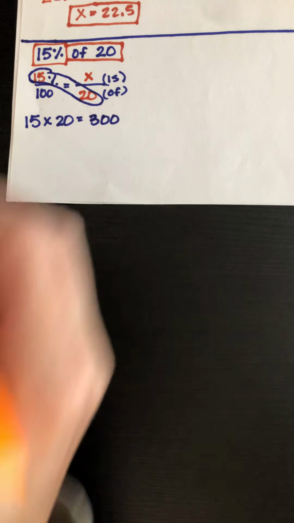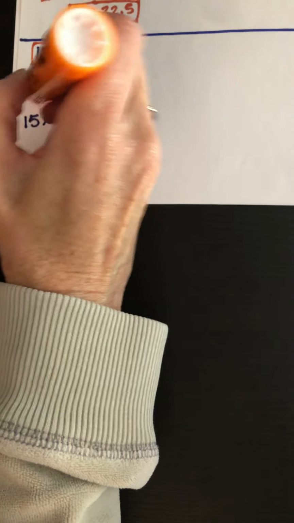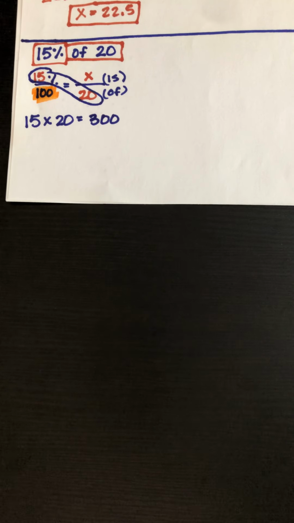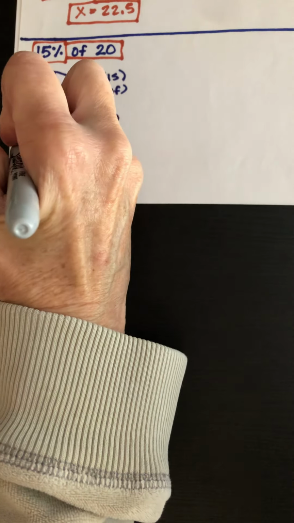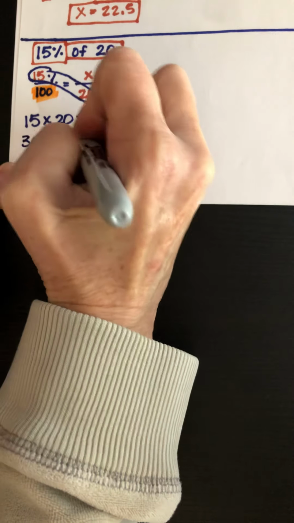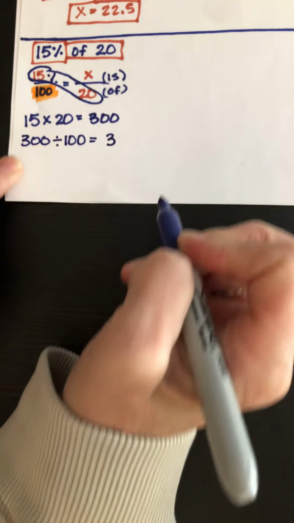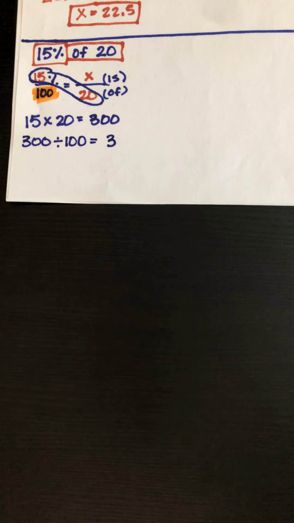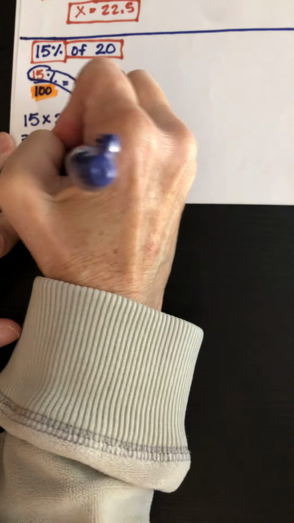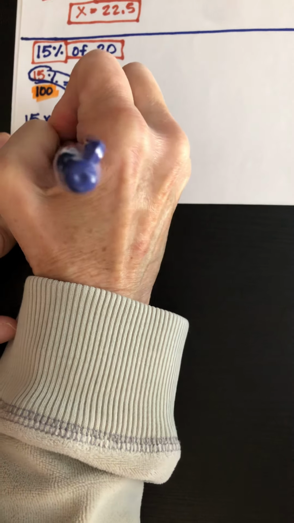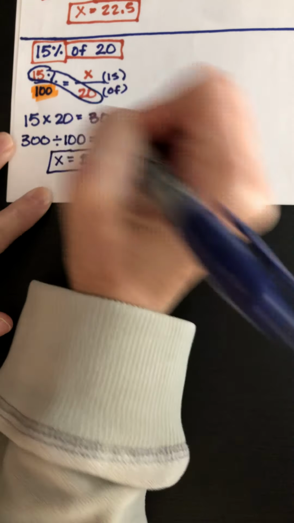And then 300 divide by what's left over, which is 100. So 300 divided by 100 equals 3. So I would say that my X is, let's say it's $3. That's how much money I'm saving off of that shirt.